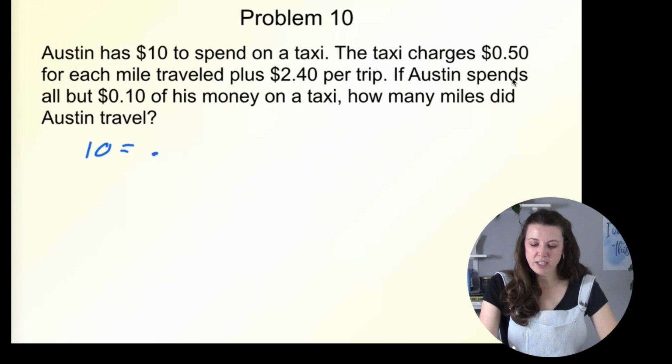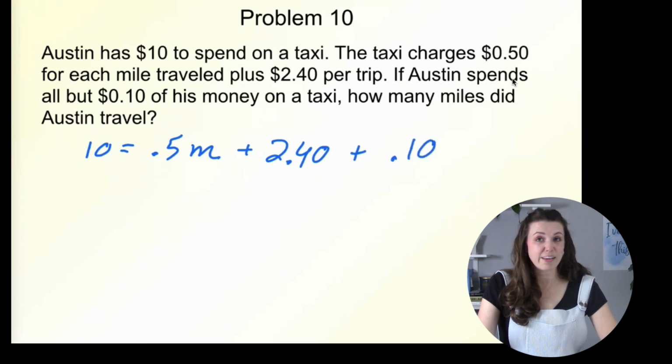So I have 0.5 miles. I'm going to put an M for miles, plus the $2.40 for the trip, plus, it says that he has 10 cents left. So I'm going to put that 10 cents there because that adds up to be that $10, okay? Now I combine all my like terms on the right side.